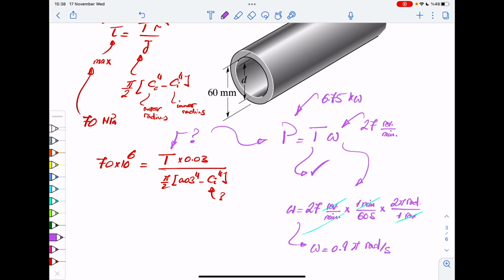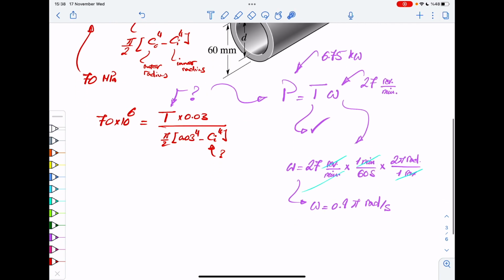So you insert that in your formula here, and from that you get T, the torque.